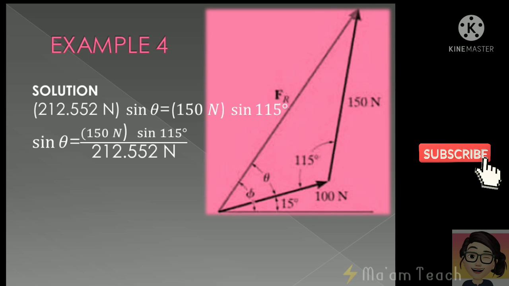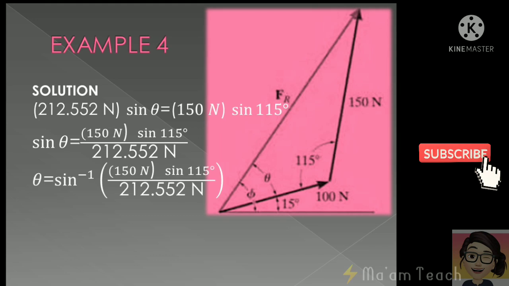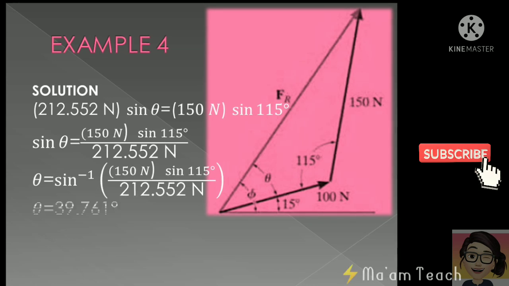And in order to have theta only, we will get the arc sine of the expression on the right side, which will look like this. Using your calculator, class, kindly encode these values, and therefore the value of the theta is 39.761.